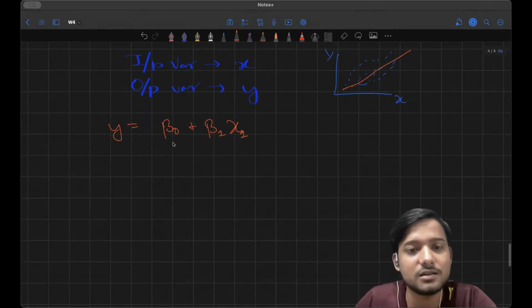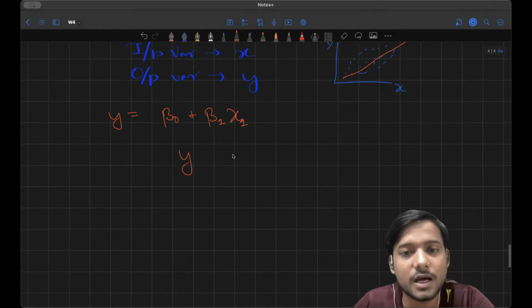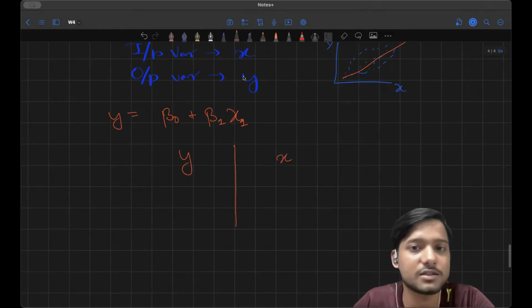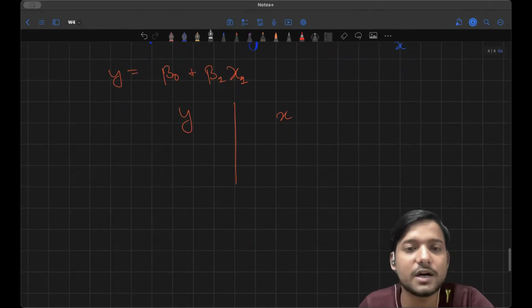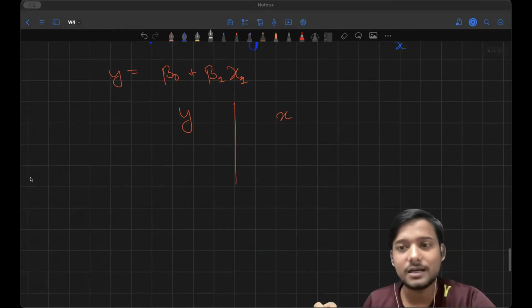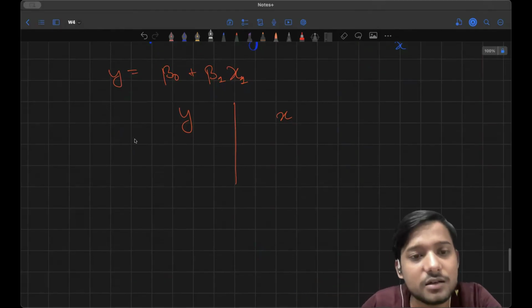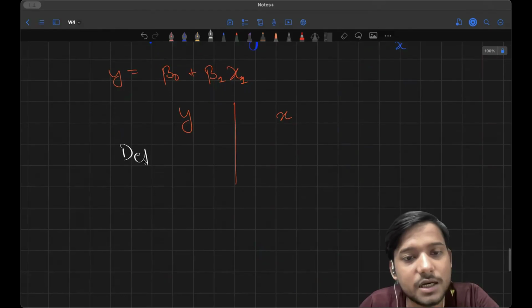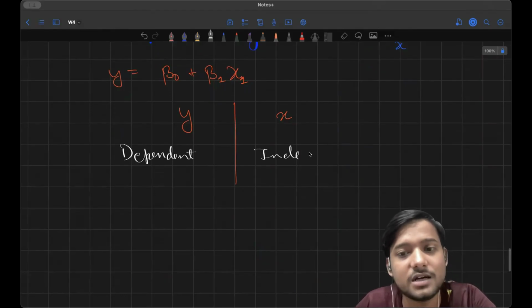So here you will see the variable y and variable x. There are a few common names which are used for variable y and variable x. A lot of the time you will see y being called dependent and x being independent. So one is dependent and this one is called the independent variable.